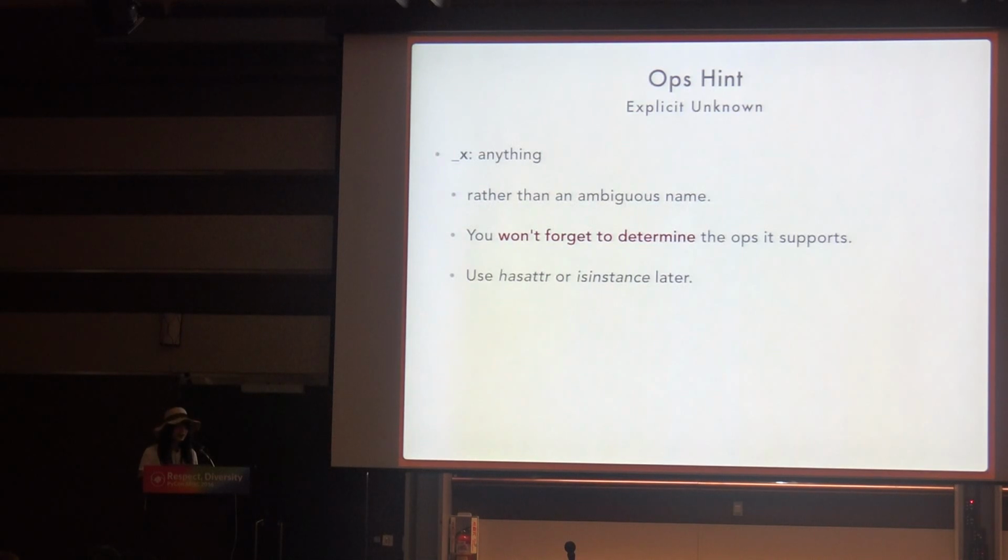You can use the hint suffix _x to avoid an ambiguous name, like maybe s or something. If you use the suffix, you won't forget to determine whether the operation is supported. You can use x and the following if to put it into a correct name. In this case, you can use hasattr or isinstance later.